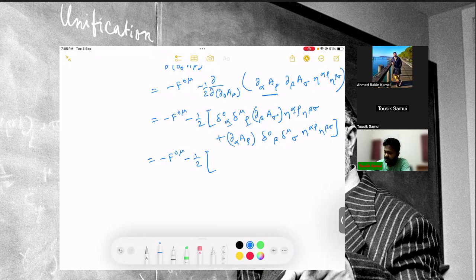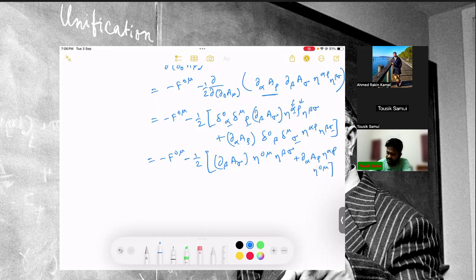In place of alpha we'll have 0, and in place of rho we'll have μ. So ∂_β A_σ, and then η^{0μ} η^{βσ}. From the second term we'll have ∂_α A_ρ remaining, and in place of beta we'll have 0, in place of sigma we'll have μ, so η^{αρ}, and it will be η^{0μ}.